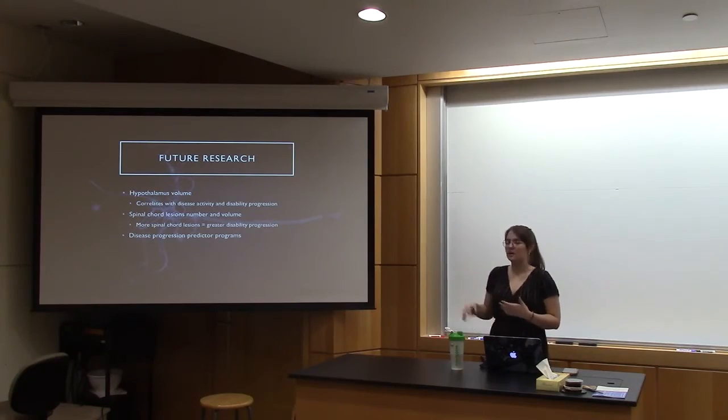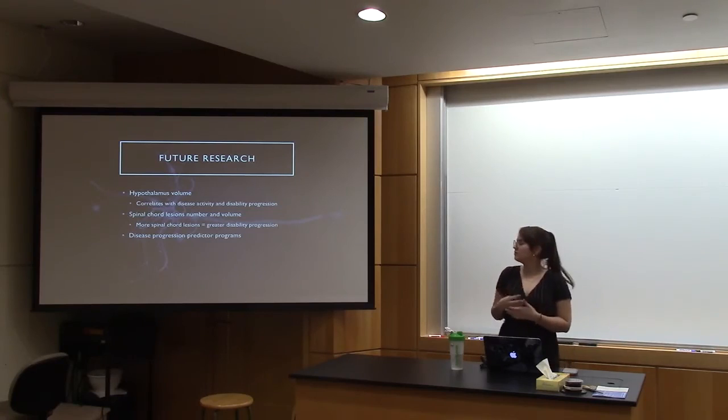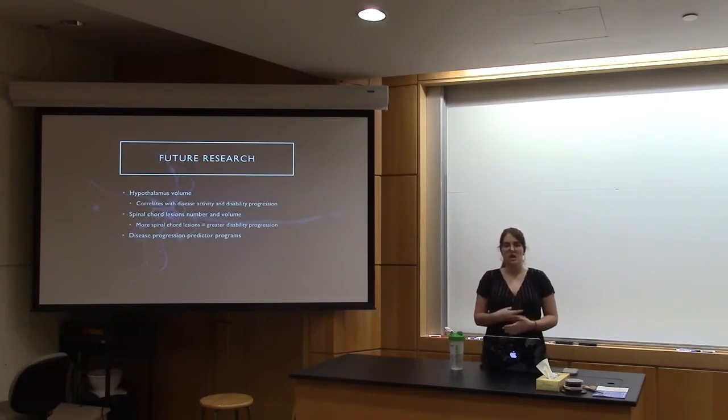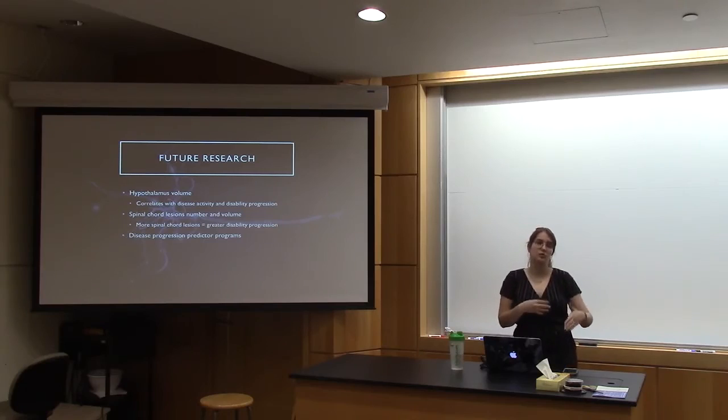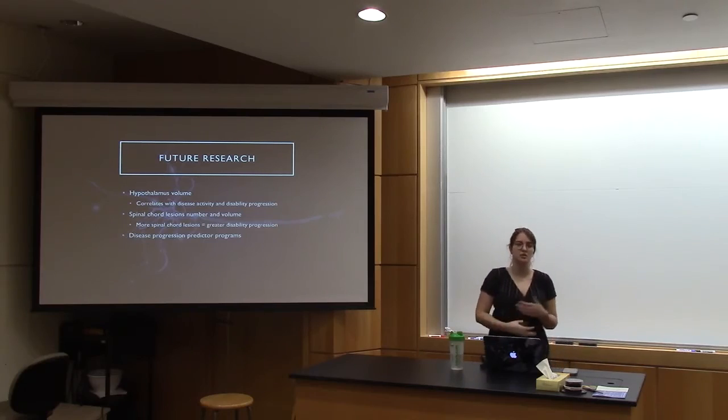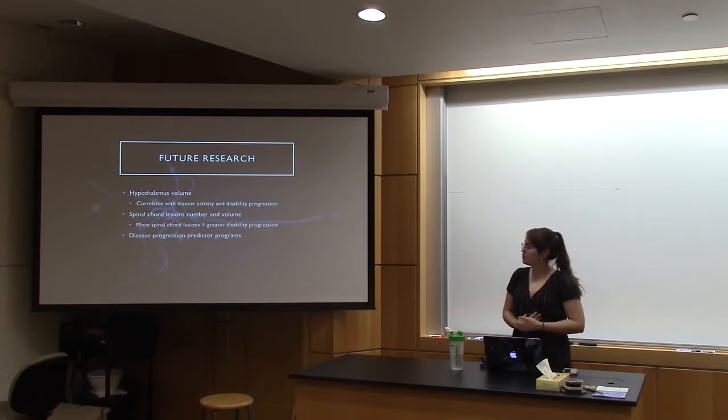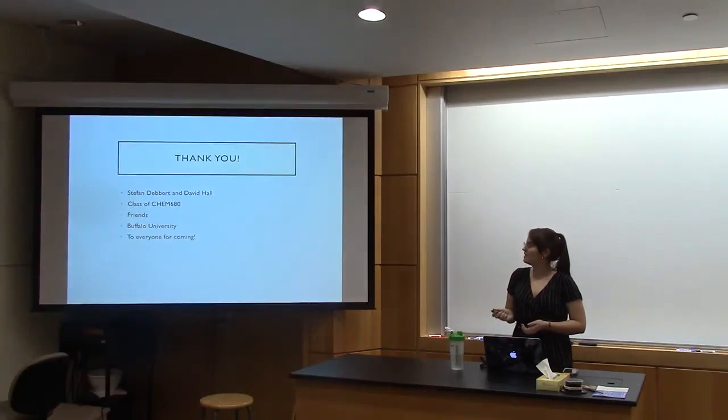A lot of these programs are based on the Expanded Disability Status Scale, where a doctor will examine the patient every few years or every month, depending on the type of the disease. They put it in a computer and annualize the percent change. So they will know maybe in 10 years you will reach an EDSS score of 6, which is really beneficial for a lot of these patients. So yeah, that's pretty much that.